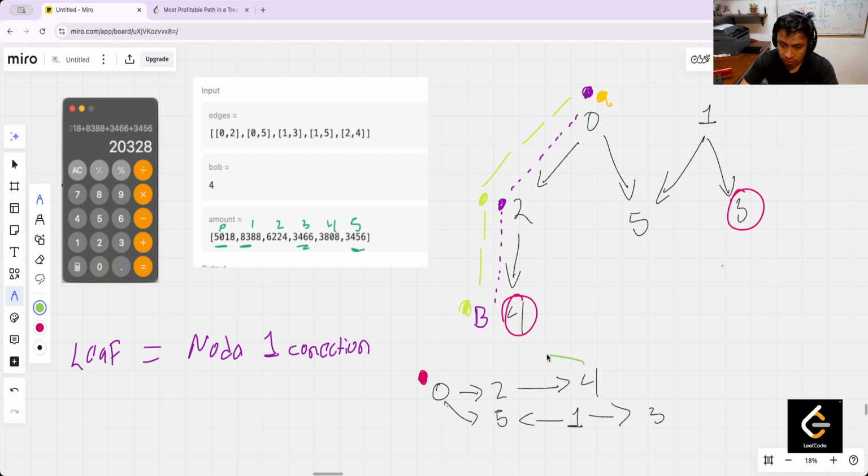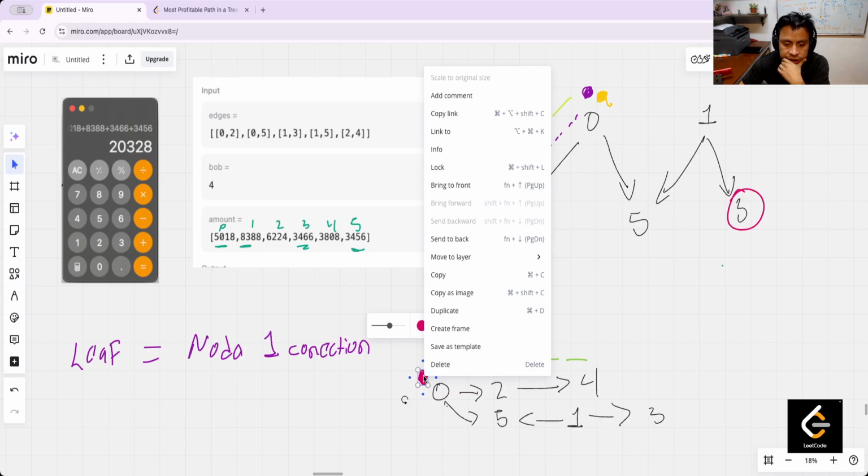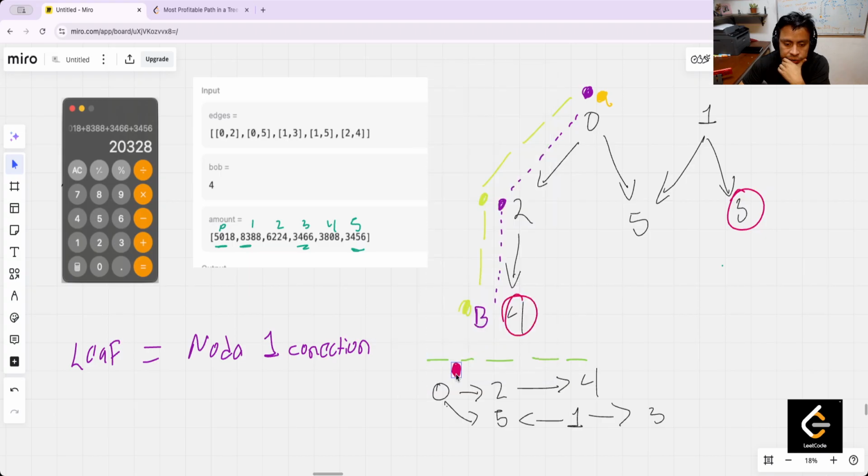In this case, the 4 goes to the 1, and then goes to the 0. And this is the path from Bob. Okay. Now, the next is if I am here, I can go in two directions, or in this case, in the next level, here for this and for this.